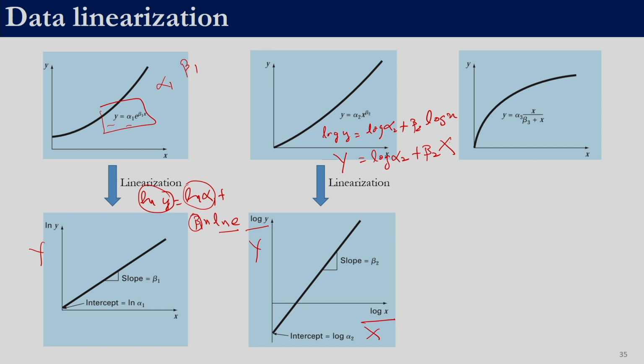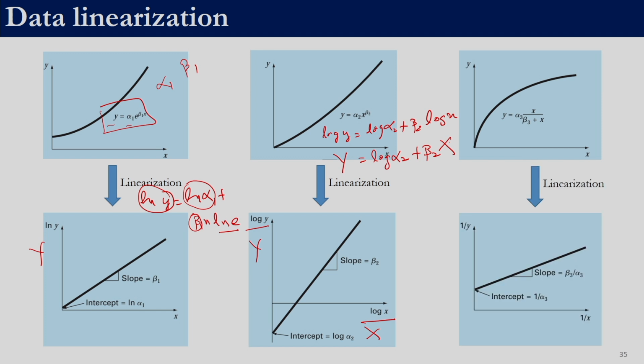Over here what we can do is take a reciprocal. If the model is y is equal to alpha 3 x by beta 3 plus x, we can take a reciprocal of this. So, if we take a reciprocal of that, what we will have is 1 by y is equal to beta 3 plus x divided by alpha 3 x.